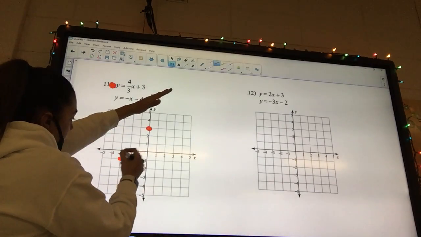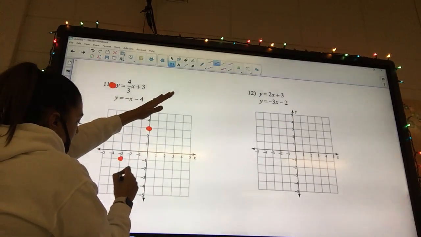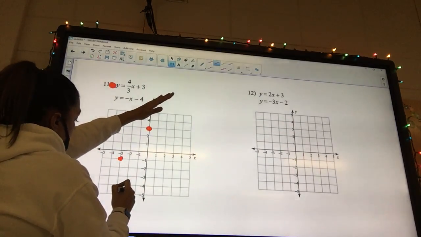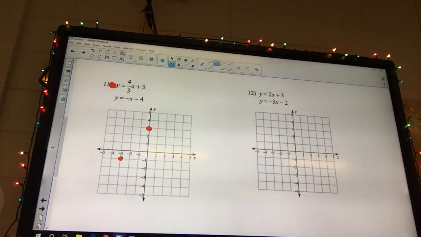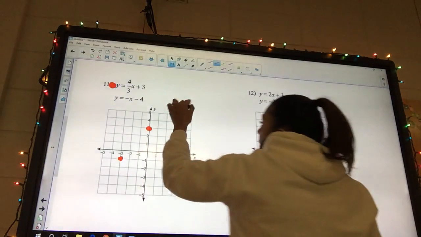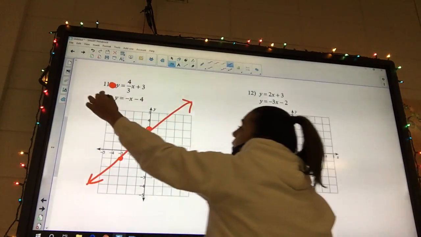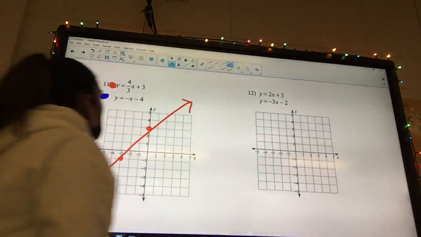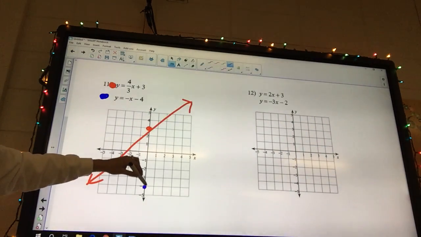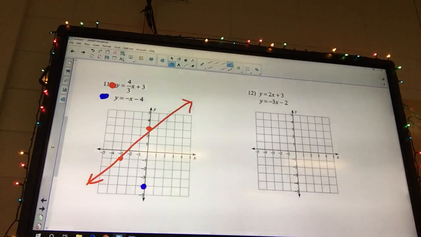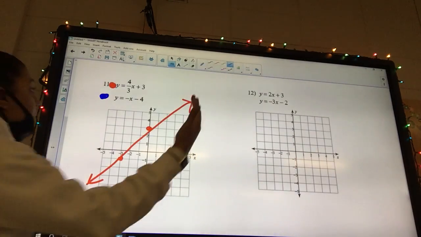Okay, and so we can try again. Down 4, 1, 2, 3, 4, and over 3. I can't do it. Those are the only 2 points that I can draw. Okay, and so we can go ahead and connect this line. And then we can draw this one in blue. Well, it starts at -4. And my slope is what? -1, or -1 over 1, which means it's a negative.